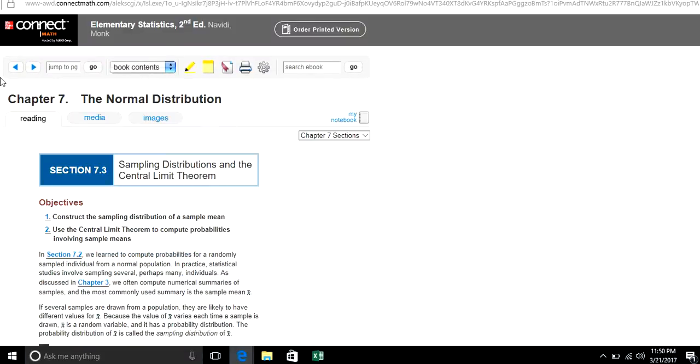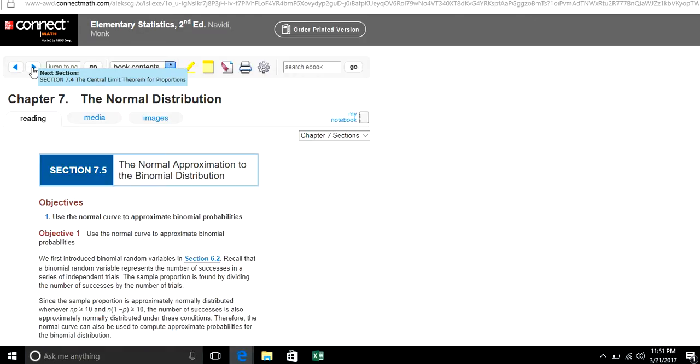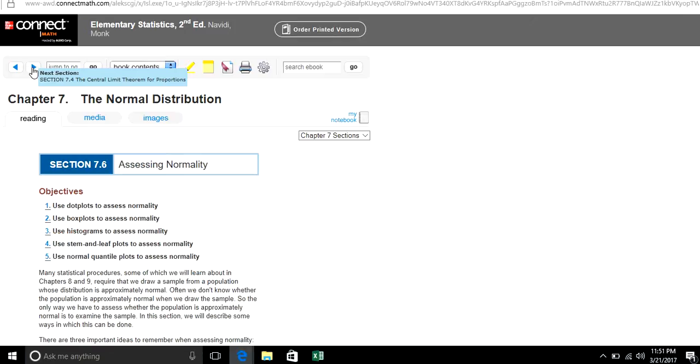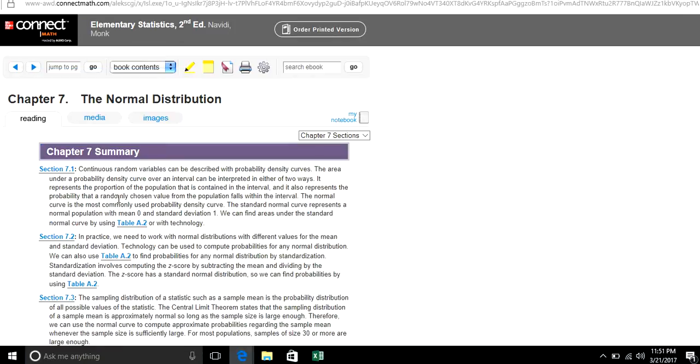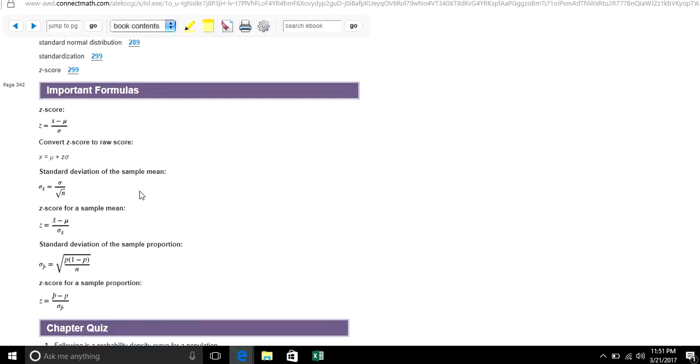For that, the formula we will need is the formula to convert the z-score to a raw score. So x is equal to the mean plus the z-score times the standard deviation.